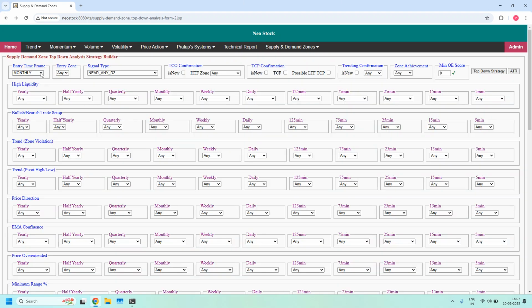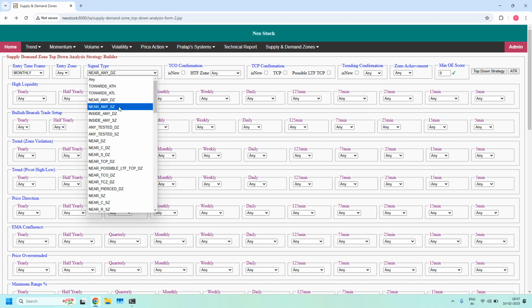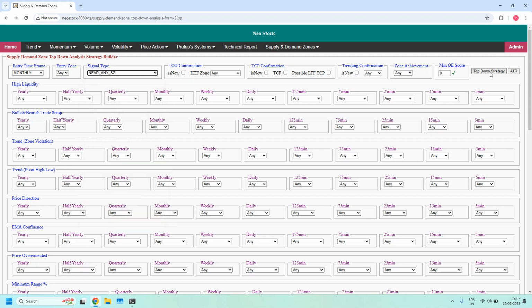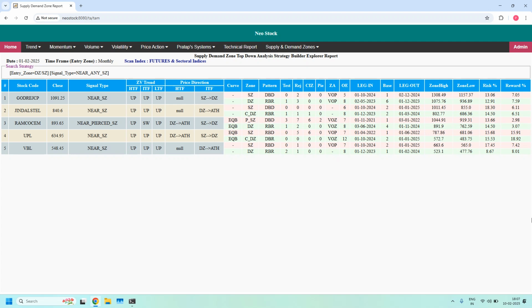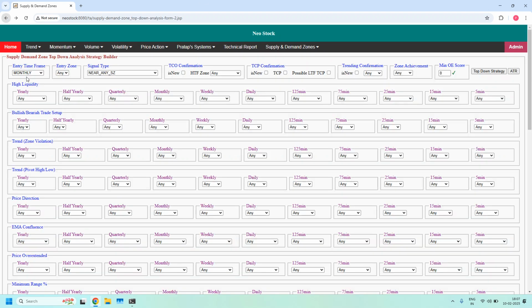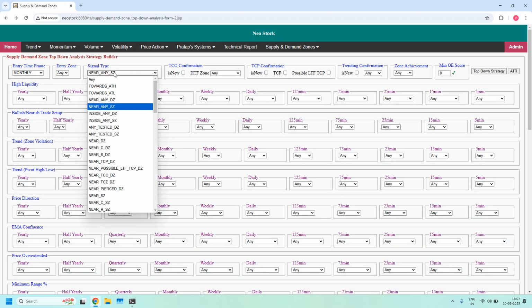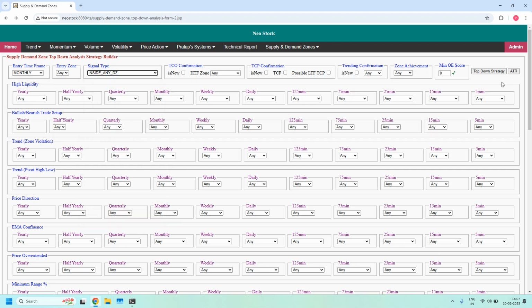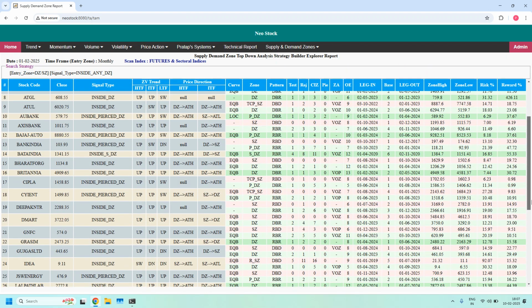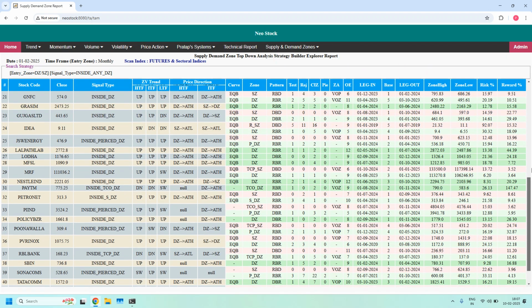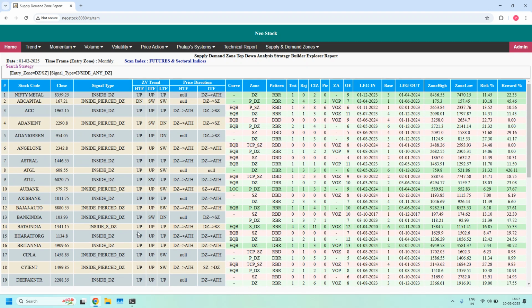Next, monthly time frame, stocks near monthly supply zone, we got 5 stocks. Next, monthly time frame, price closed inside the monthly demand zone, we got 43 stocks. First 19 stocks in the list.